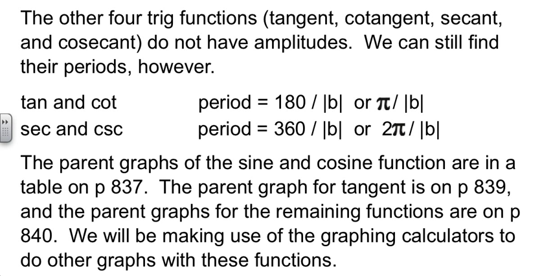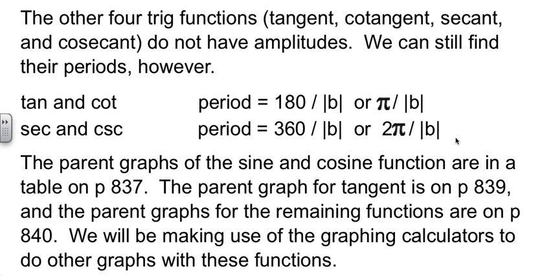We can still, however, figure out their periods. For tangent and cotangent, it's 180 divided by the absolute value of B, or pi over the absolute value of B if you're in the radian mode. Secant and cosecant are like sine and cosine. They're 360 over the absolute value of B, 2 pi over the absolute value of B if you're in radian.